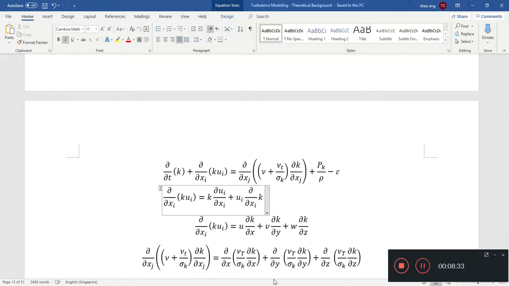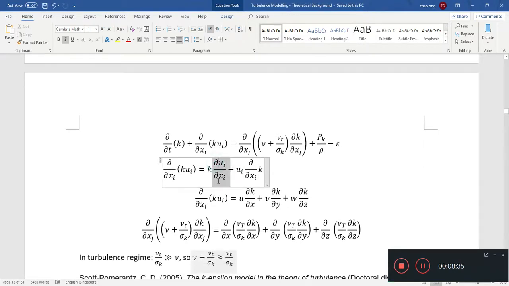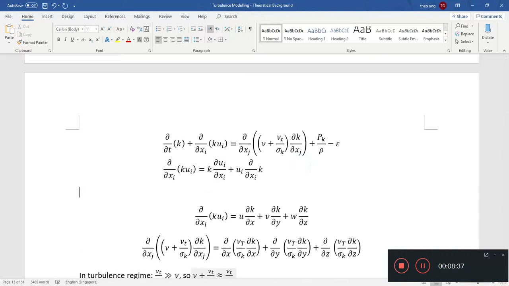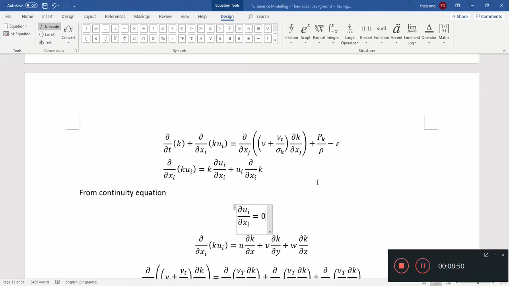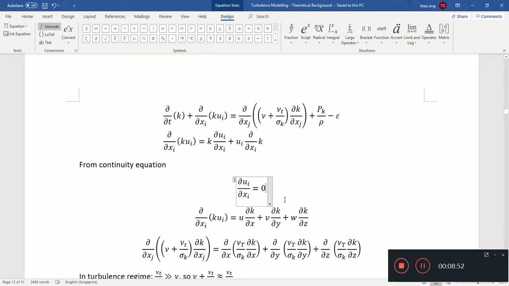Alright, so as you can see, this term here, from the continuity equation, partial ui partial xi equals to 0. Okay, so that's fine.